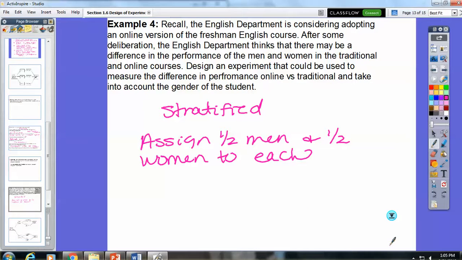What questions do you guys have? So that is actually the end of what I have. So let's talk briefly. We do have a quiz tomorrow over chapter 1.